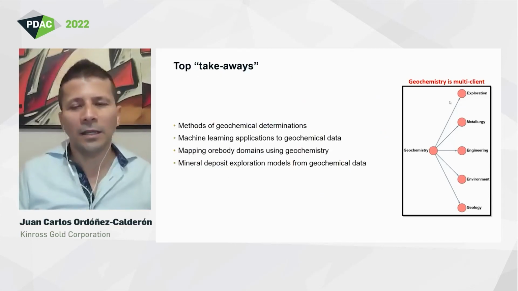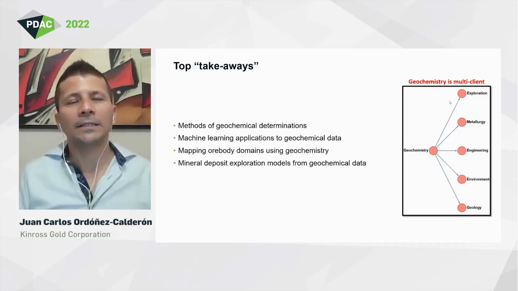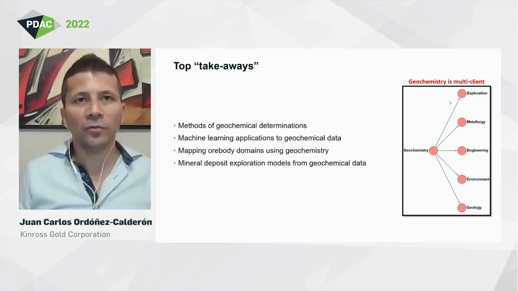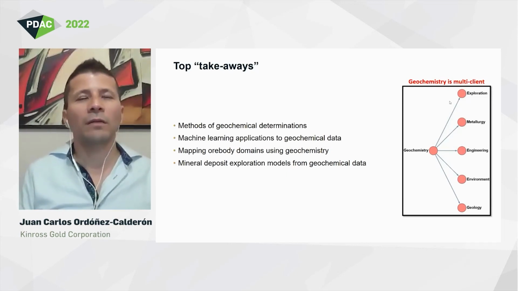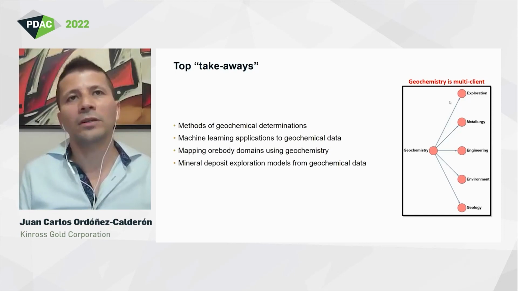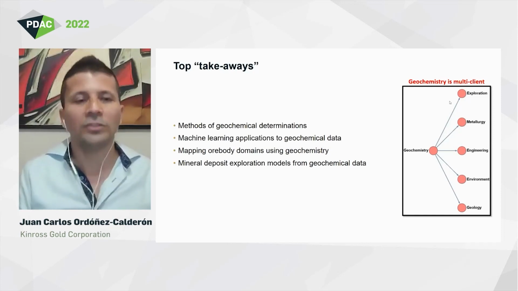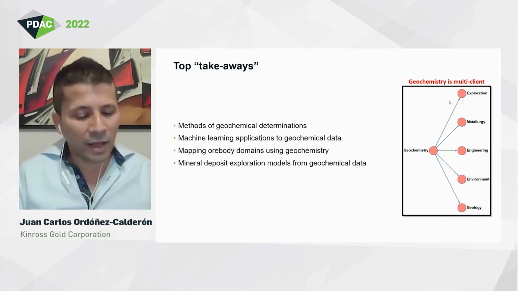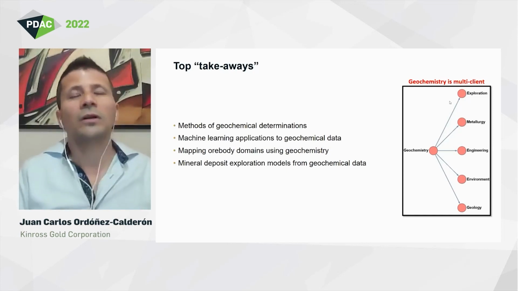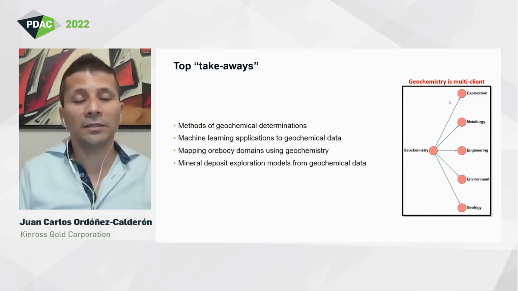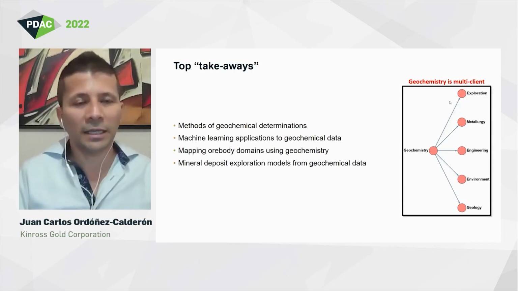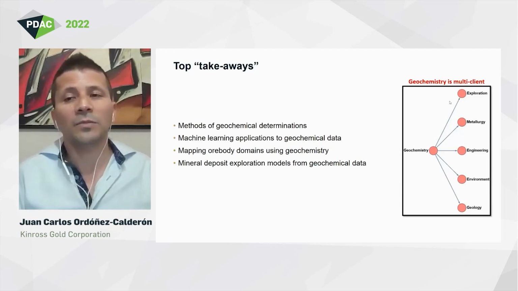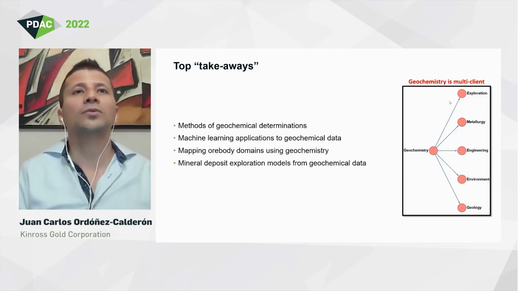I think in my view, long gone is the time when geochemistry was the monopoly of exploration geologists or maybe some greenfield geology. In today's world, where analytical costs are lower and the quality is exceptional for geochemical data, geochemistry has become really a multi-client tool.